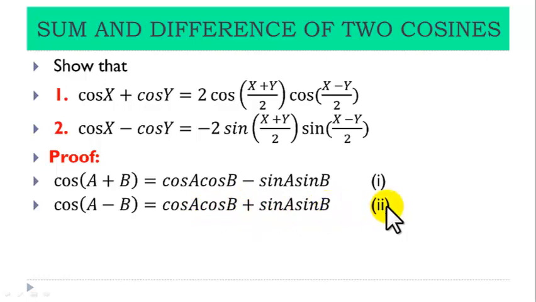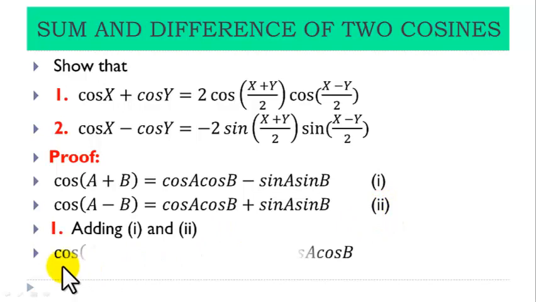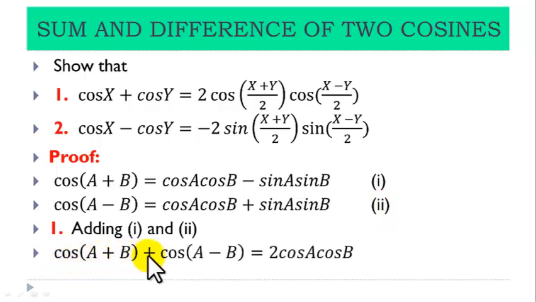So to obtain the sum of two cosines, we have to add equations 1 and 2. Adding equations 1 and 2 will give us cos(A plus B) plus cos(A minus B) equal to 2 cos A cos B, since minus sin A sin B plus sin A sin B will cancel out.